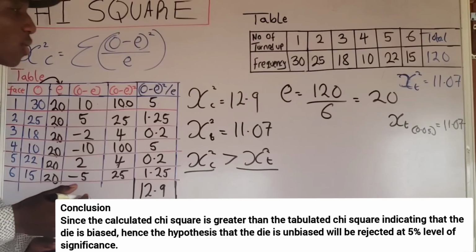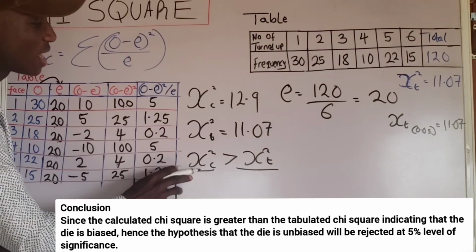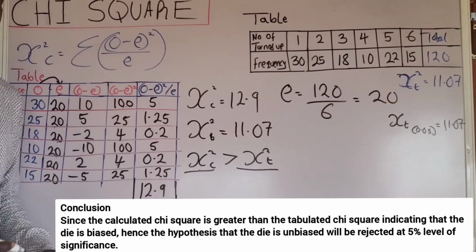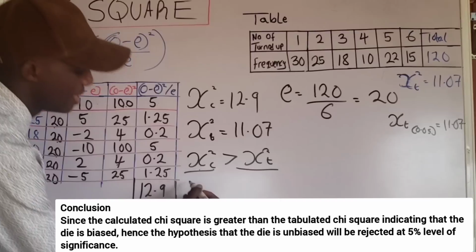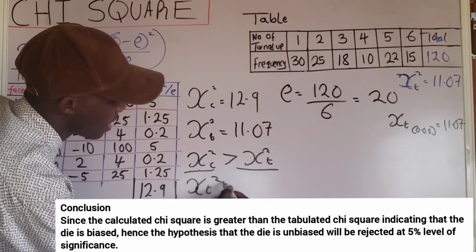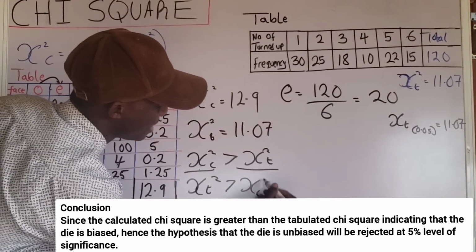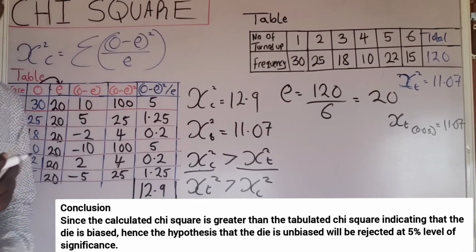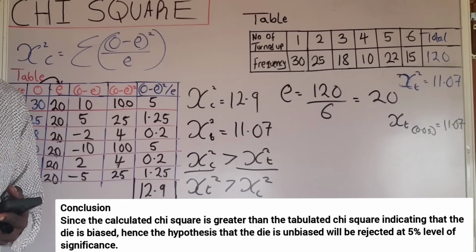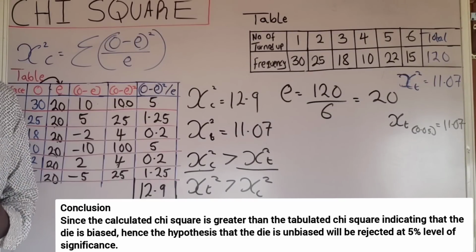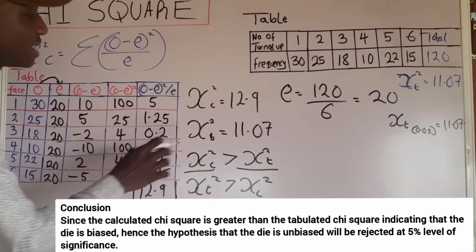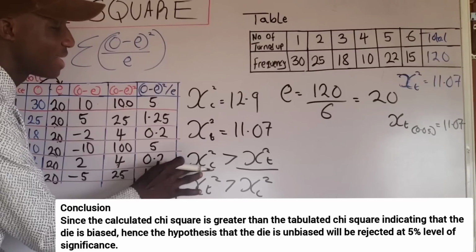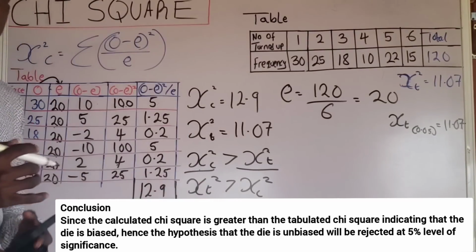We know because the calculated chi-square is greater than the tabulated chi-square. Let's say that the tabulated chi-square is greater than the calculated chi-square. That implies that the die is unbiased, so we're going to accept it. But because the calculated chi-square is greater than the tabulated chi-square, we are going to reject the hypothesis.